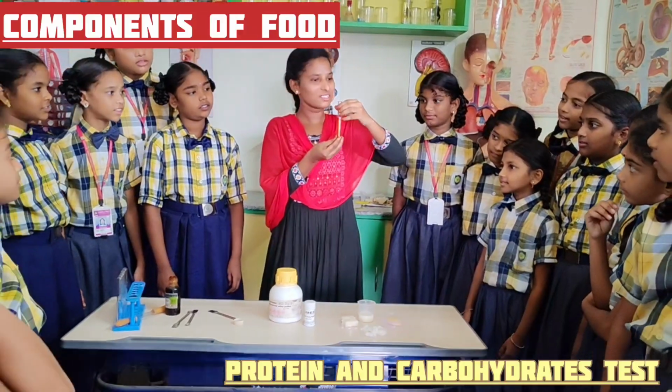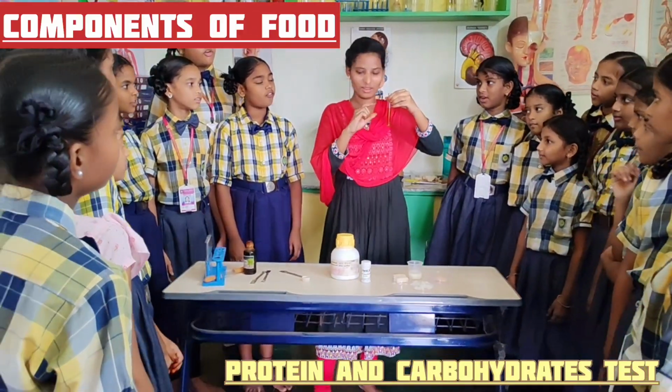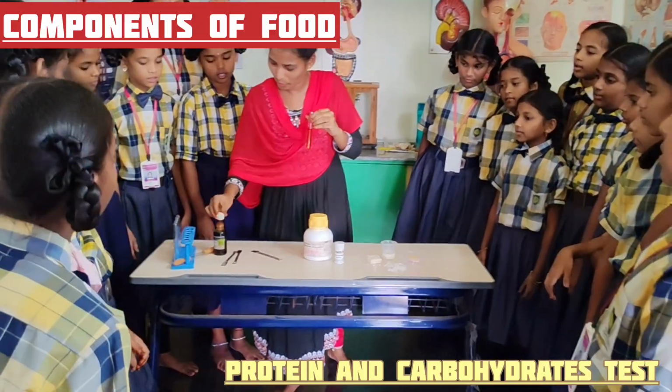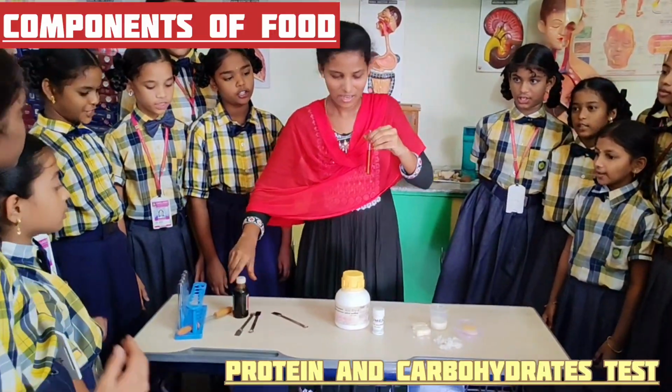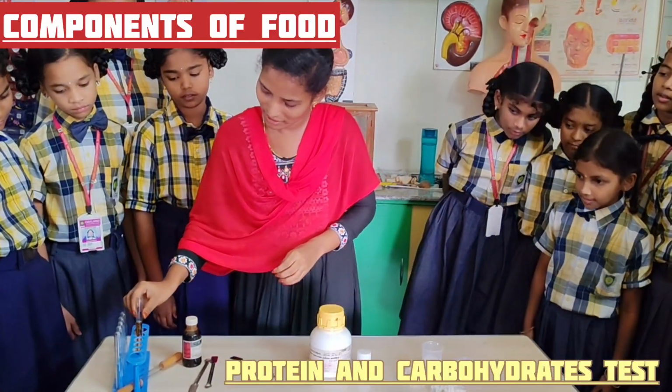What did I take first in the test tube? Water. I filled the test tube with half water and I added a few drops of iodine into it. So I prepared iodine solution. We have to keep it aside.